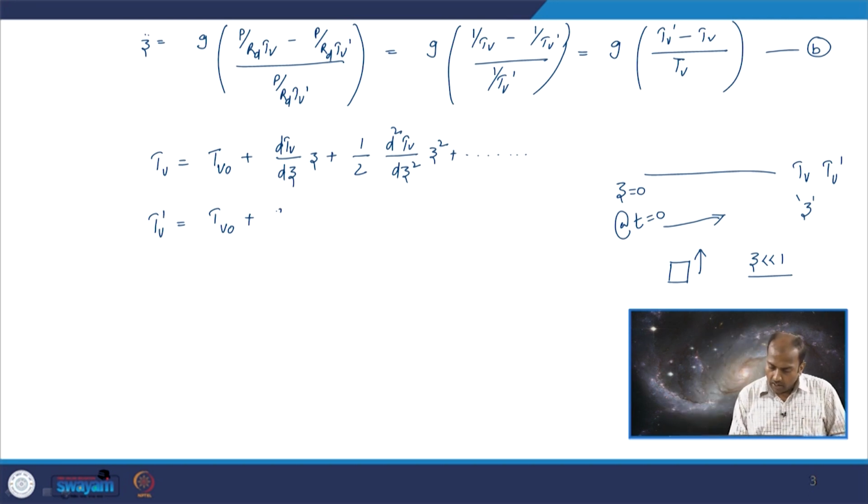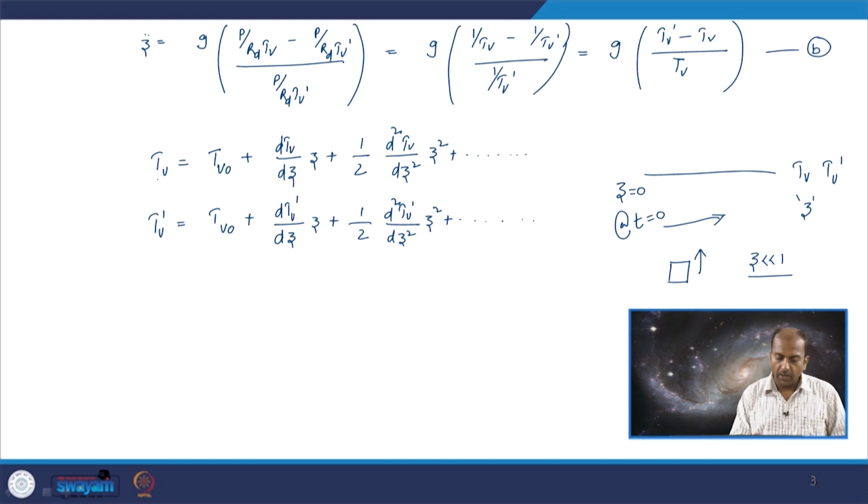So, the Taylor expansion for the change of temperature with respect to height will look something like this. Right. So, what do you see?